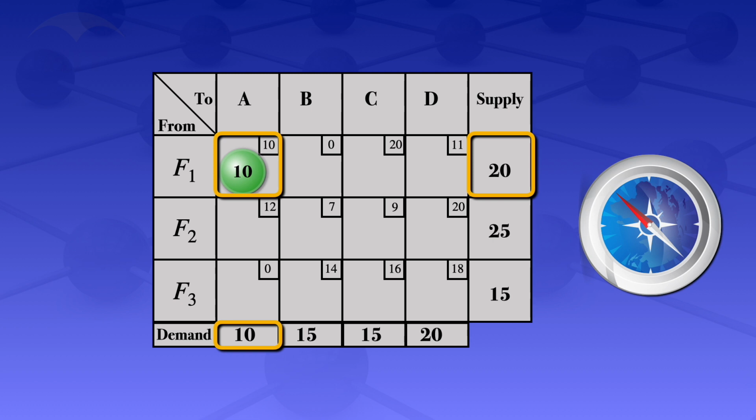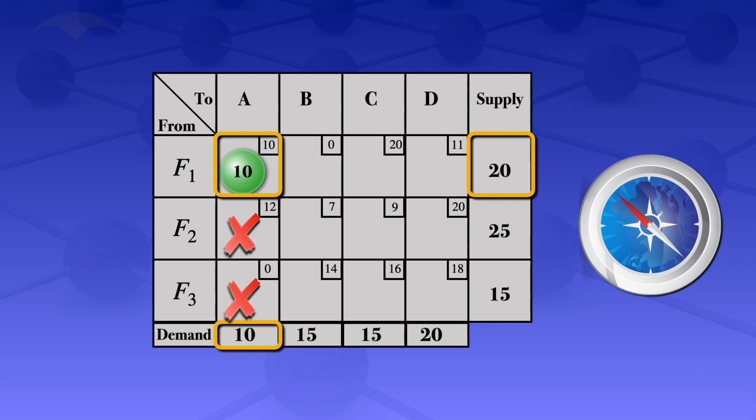But when we allocate the 10 units in that cell, it means we have reached the demand constraint for this particular column. So we can no longer allocate any more in that column where we have the A there. So I'll cross out to indicate we can no longer allocate there because we have already met the demand constraint there.